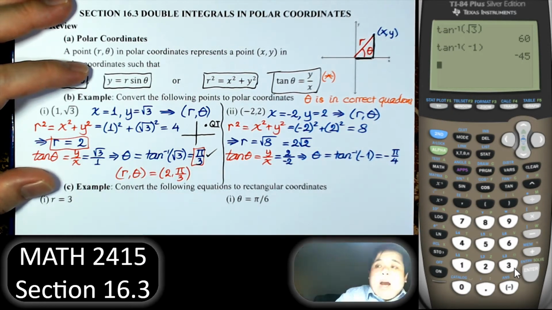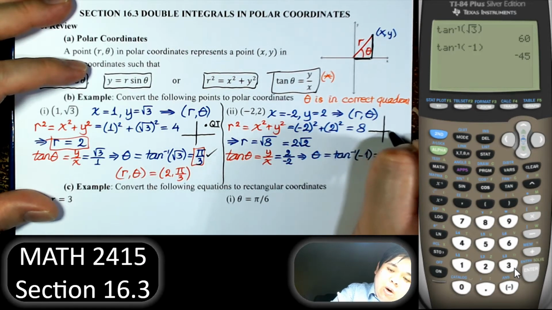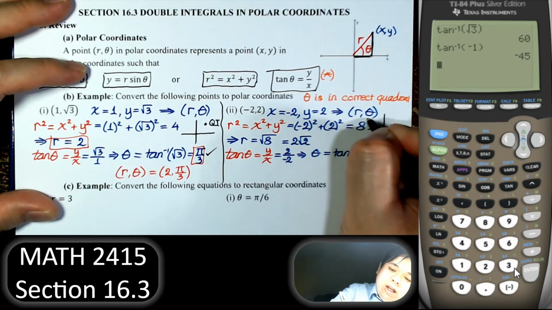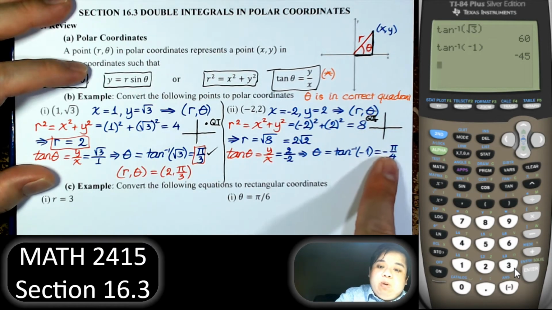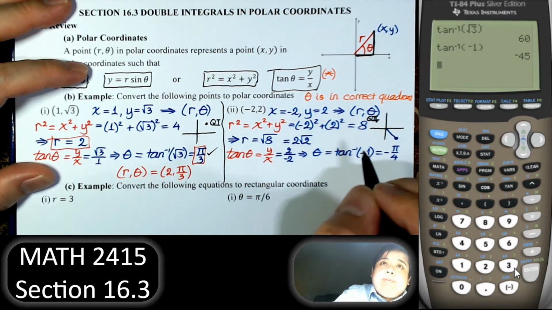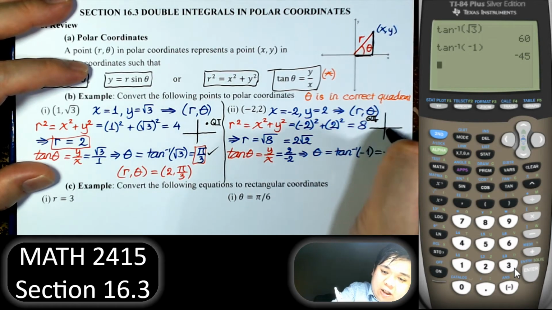Right. Before we answer, let's check real quick. Originally, the point is negative 2, 2. The answer must be in quadrant 2. But what angle do we actually have? Negative pi over 4, which is in quadrant 4. Right. So if we want to get into the correct quadrant, we need to go half a revolution away.